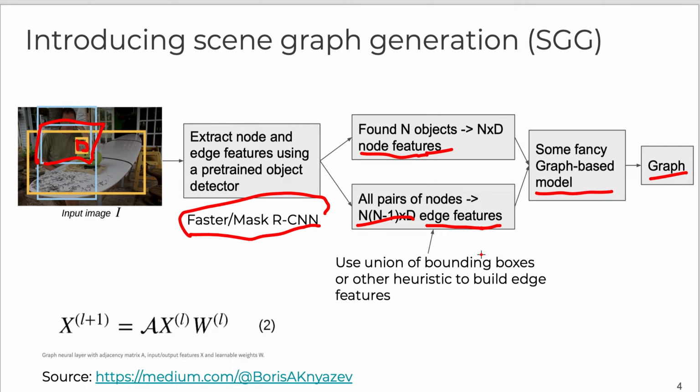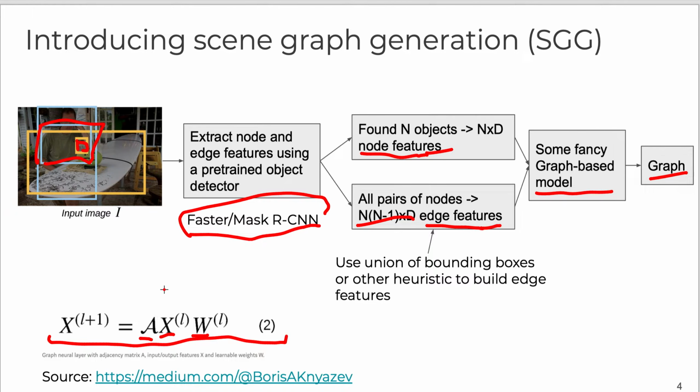I'm going to describe more details a little bit later, and there is actually not so much research on applying graph neural networks in this domain, in which case you would have X features as node features, and you would have some trainable parameters W, and then this adjacency matrix would encode the relationships between nodes.